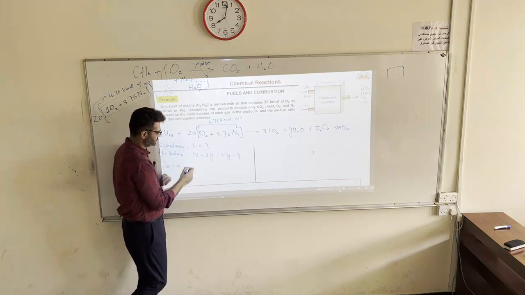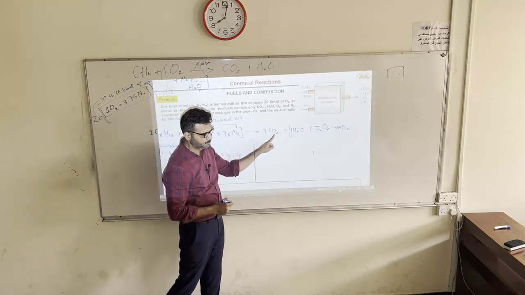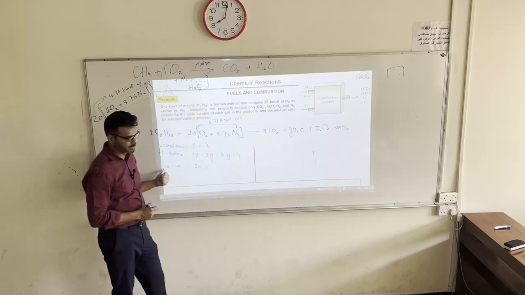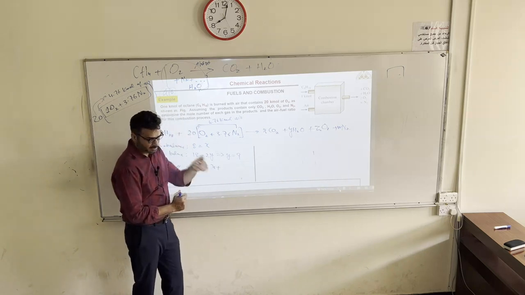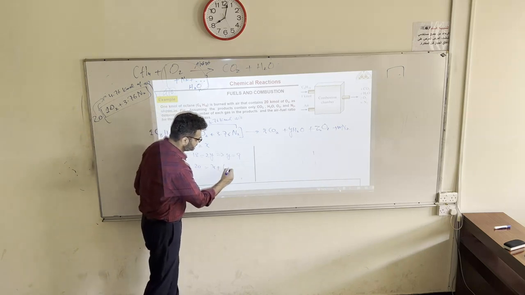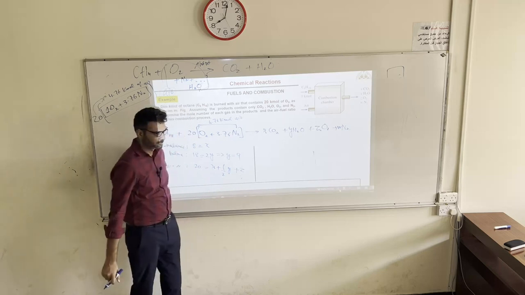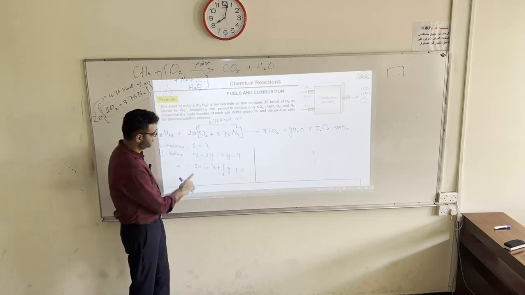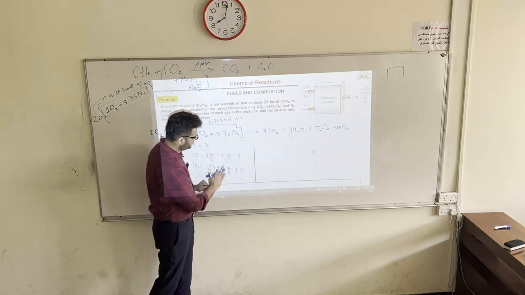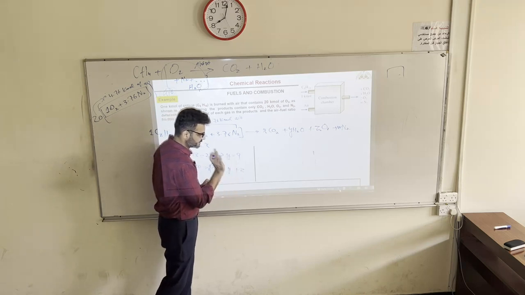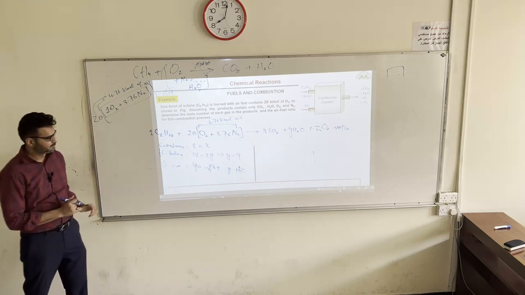How many O2s are here? 20 kilomoles must be equal to X. Now you said O2 balance, so only X plus half Y plus Z. Or if you write O balance, 40 is equal to 2X plus Y plus 2Z. So we'll get the same answer. So it's up to you how you balance.